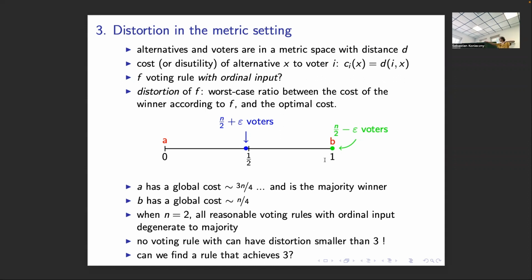You want to decide where on the beach you are going to build an ice cream cellar, for instance. So again, we are talking about distortion, but in that case, we prefer to talk about costs rather than utilities, and the cost is simply the distance to the preferred alternative.